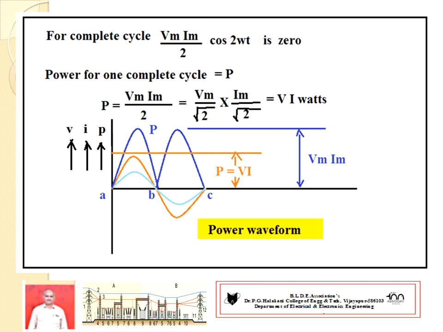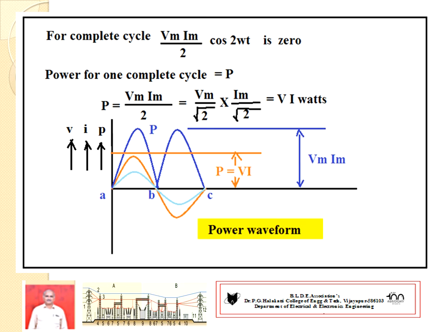So, it is similar to a DC circuit: power equals V into I watts. You remember, it is applicable for a purely resistive AC circuit. Try to understand. After that, you also practice voltage, current and power waveforms.